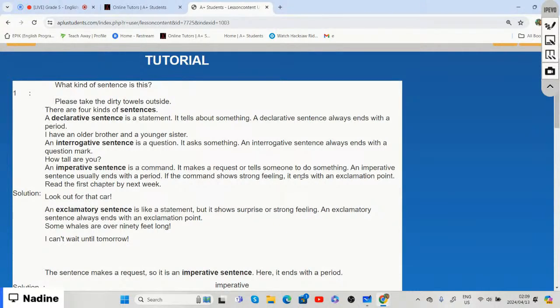And a declarative sentence is a statement, right? So a statement is where you basically just tell someone something, or you just tell about something. It can be random, can be anything, like telling somebody, I've got a sister, I've got a brother, right? Today it is hot, today it is cold, right?